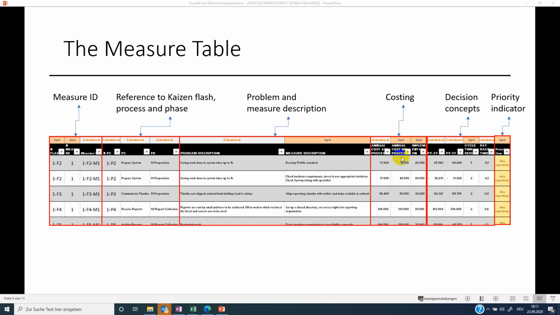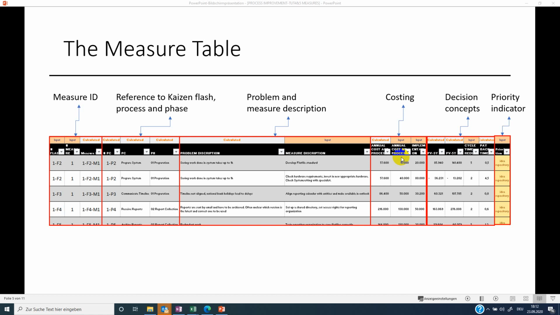In the costing portion, at least one of the fields is calculated, and that is the annual cost of the actual or of the current process. That costing concept will be explained later on, but you will be asked in the same measure table to also supply the annual costs of the new process.